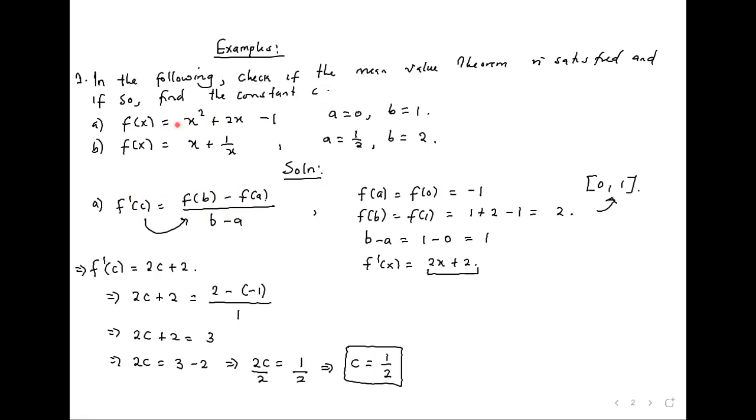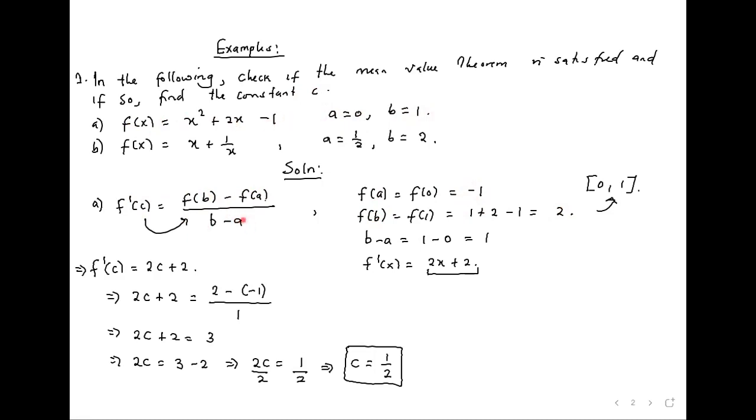You find f of b: b is 1, so we get 2. We come back and get f of a, which is negative 1.